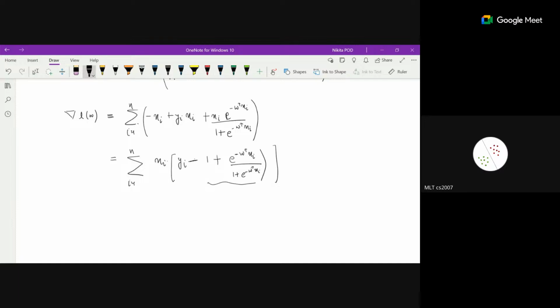If you look at these two terms, you will get 1 plus e to the power minus W transpose Xi plus e to the power minus W transpose Xi. Should be something is wrong. Minus sign, because there is a minus one.